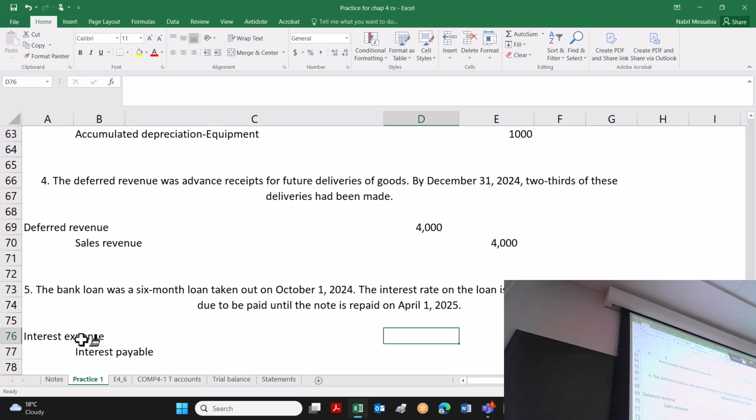Because the 9% is for a full year. Why 3? Because it is about October until December, as per the data we have. The bank loan was taken on October 1st for 6 months, the interest rate is 9%, and the interest is not due to be paid until April 1st, okay?